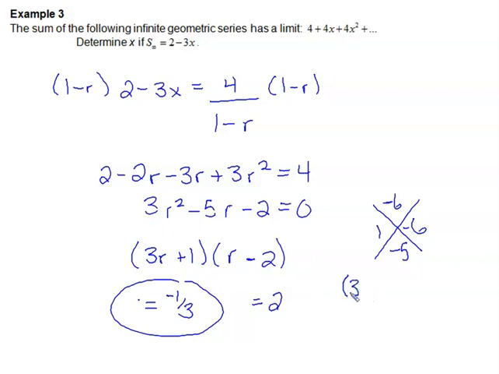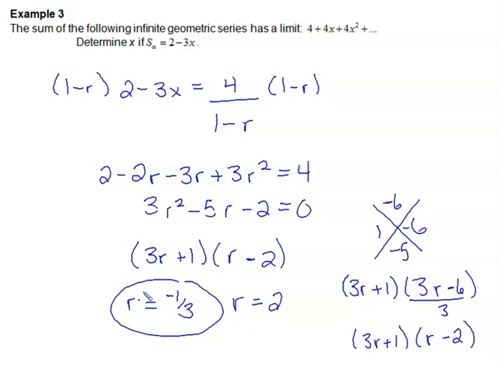Remember, with the cross method, you have to do 3r plus 1, and then I would do 3r minus 6, and then I'm dividing to simplify that out. So I end up with 3r plus 1, and this would be r minus 2. So that's how I got this value here. And then my two values of r, I would have to have an r value of negative 1/3 for this to have a limit, and it is telling me it is. So I do have to reject one of my possibilities.